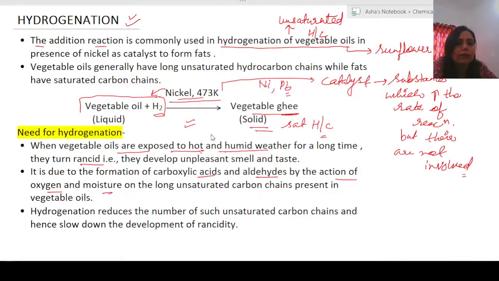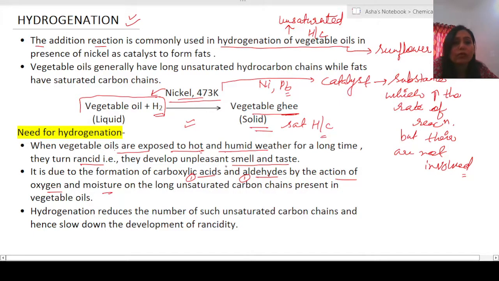Because of the presence of oxygen, the vegetable oil will change to carboxylic acid or to aldehydes or both, and because of that they will develop an unpleasant smell and taste. This will not leave the oil in a very good state, and it will become unconsumable.